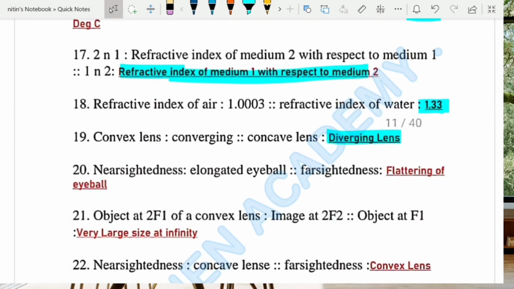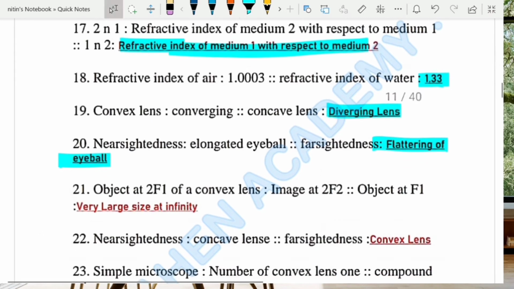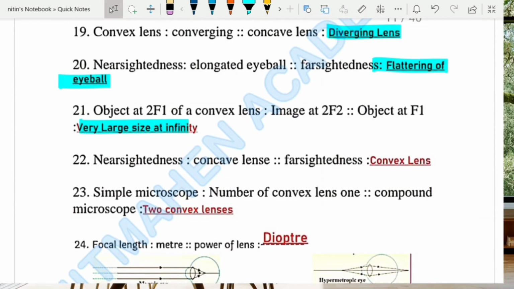Nearsightedness is the elongation of the eyeball and farsightedness is the flattening of the eyeball. With the object at 2F1 of a convex lens, the image is at 2F2, and with the object at F1, the image is very large, at infinity. Nearsightedness is corrected by a concave lens and farsightedness by a convex lens. A simple microscope has 1 convex lens and a compound microscope has 2 convex lenses.